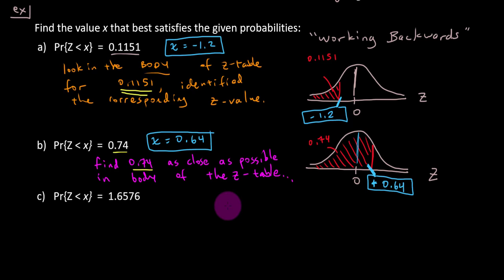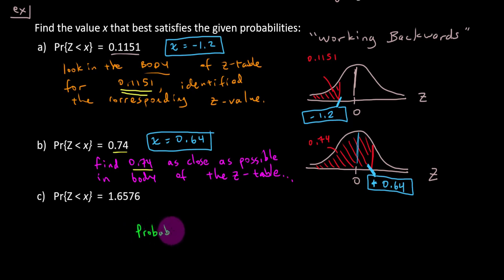Let's roll. In part C, we want to find the x value, just like what we've been doing, such that the probability to its left is 1.65. How are we going to do this? Well, you might be jumping to your z table. However, let's remember, what is the largest a probability can ever be?